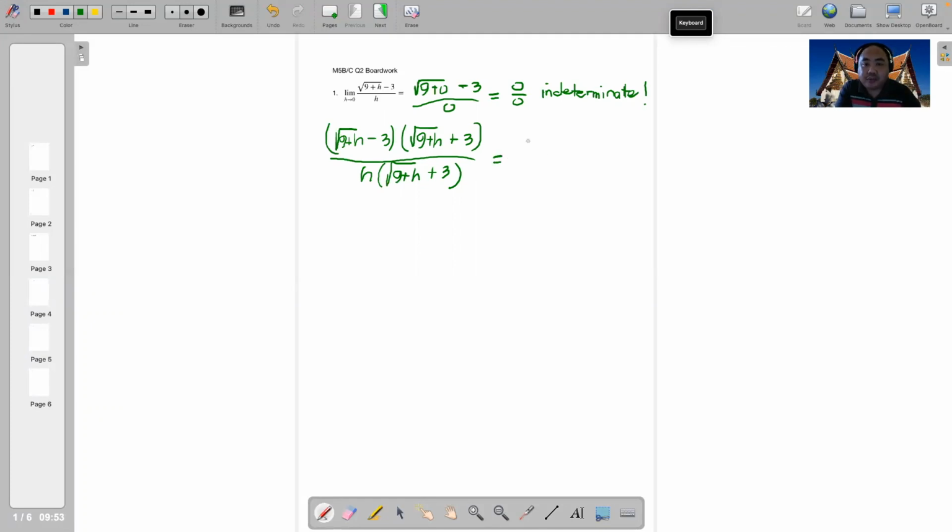Just this time, we have a factor, which is the binomial conjugate of the numerator again. And so this will give you 9 plus h minus 9 all over h times the square root of 9 plus h plus 3, which gives you h over h times the square root of 9 plus h plus 3.